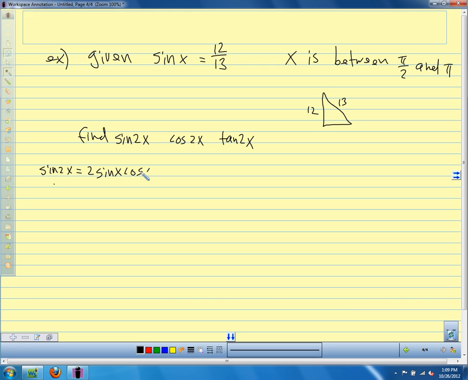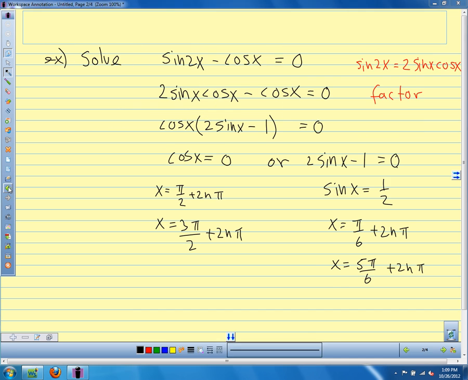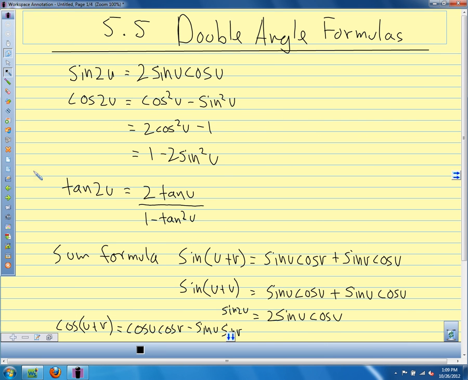We know that the cosine of 2x equals, and let's pick out a good one to work with. Let me go back here. Cosine of 2u is 1 minus 2 sine squared of u. So to figure out the cosine, I don't even need any other information.